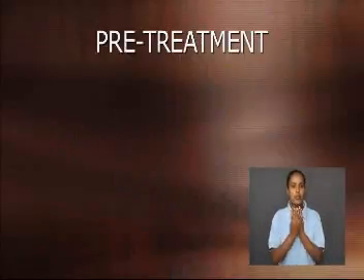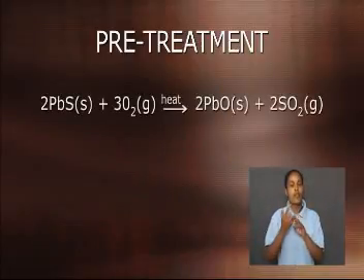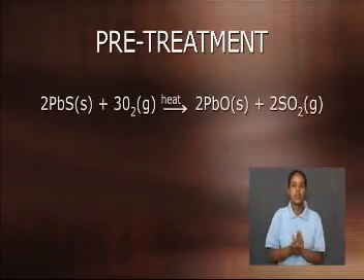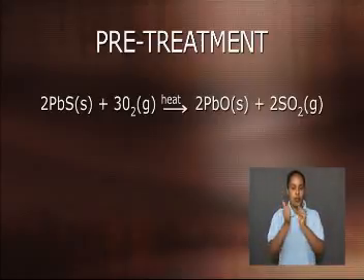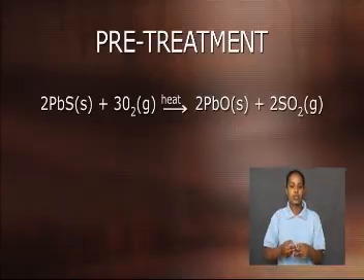Pre-treatment converts a mineral to a form that is easy to reduce. For example, sulfides are converted to reducible oxides by heating them in dry air. This process is called roasting.